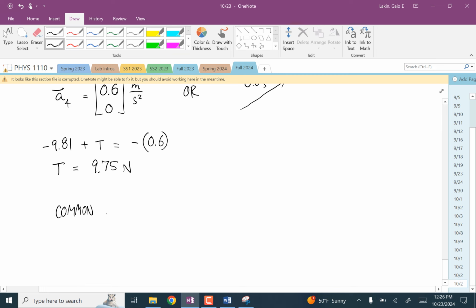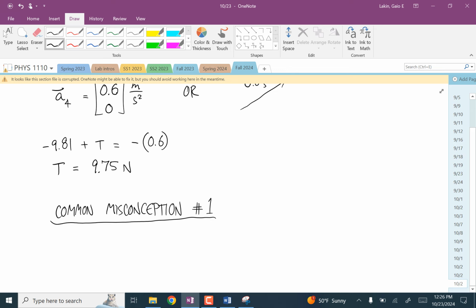Common misconception number one. Who remembers what that is? Objects that are heavier fall faster. That's right. Yep.